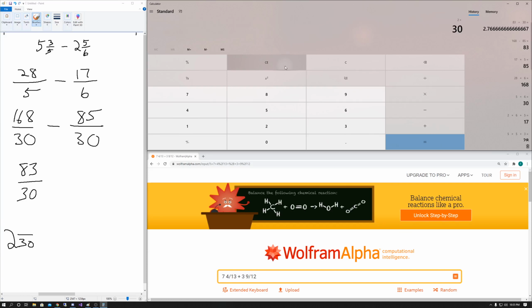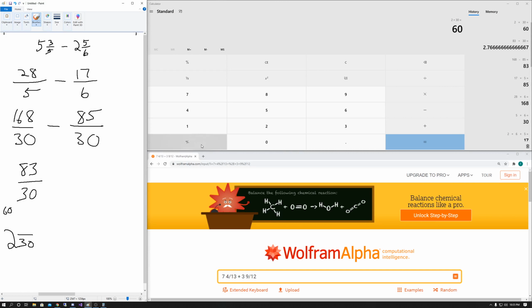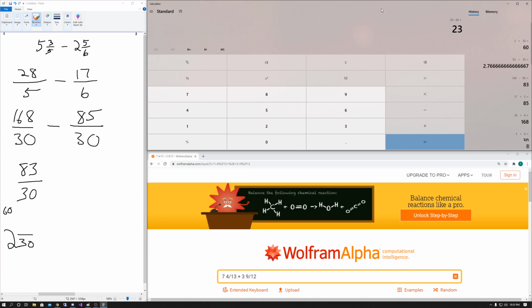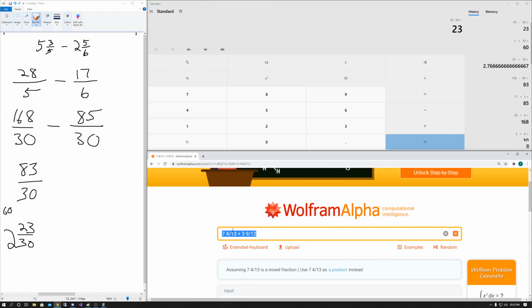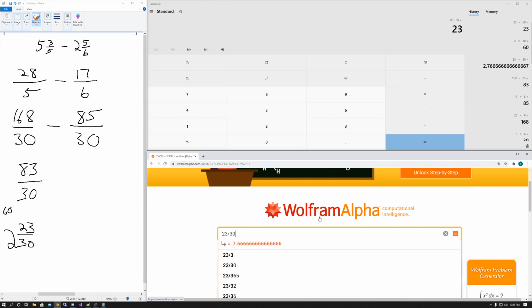So let's write that down somewhere. And we do 83 take away 60, which gives us 23. Right? So that could be our answer, but let's see if we can actually simplify that 23 over 30.